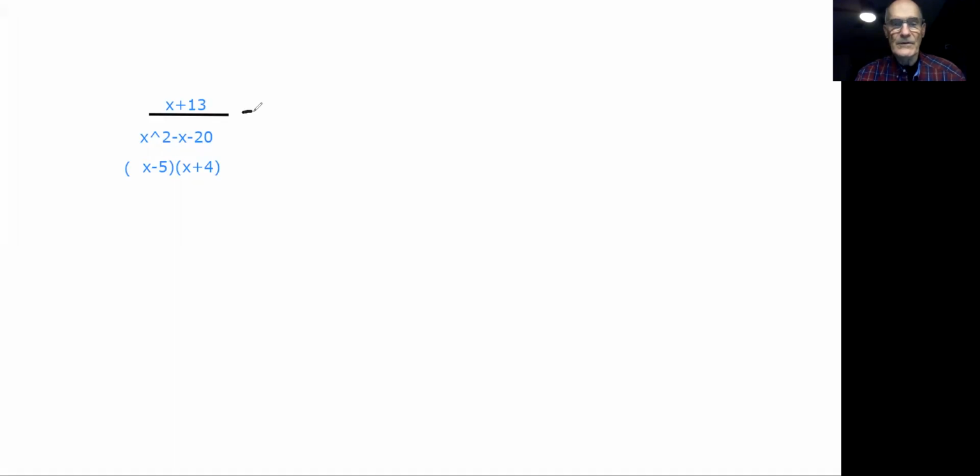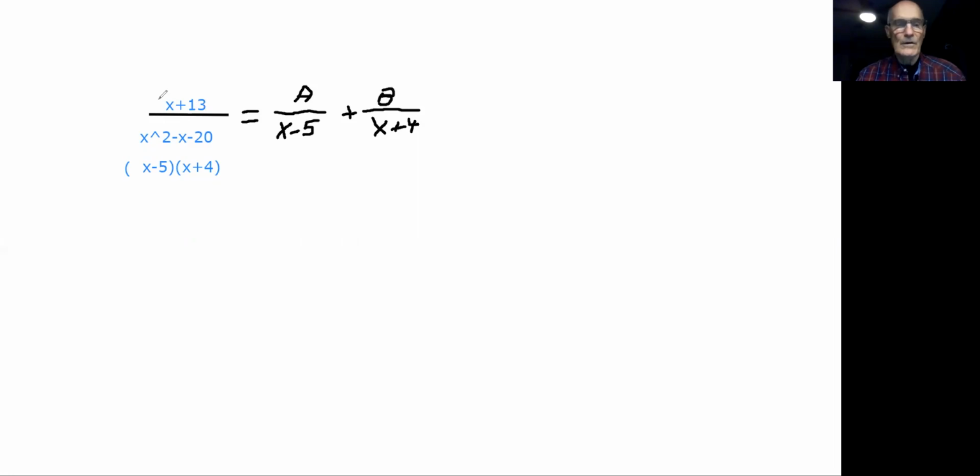So we put equals here, and then we have our two fractions with a plus sign between them. The first fraction has the x minus 5 in the denominator. The second fraction has the x plus 4 in the denominator. And then we let the numerator for the first be A, and the numerator for the second be B.